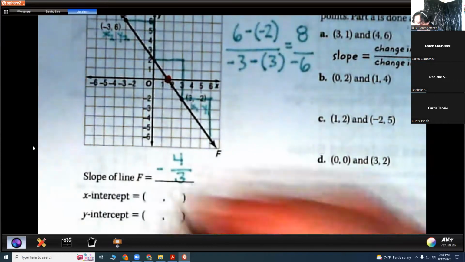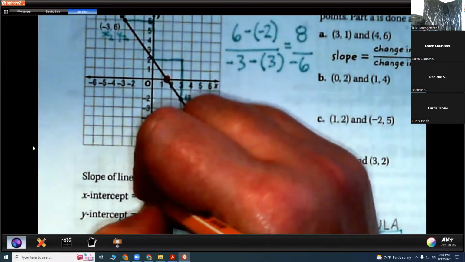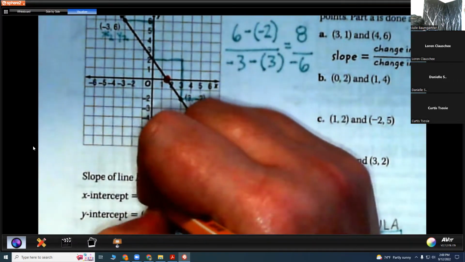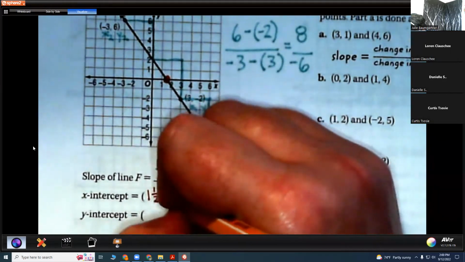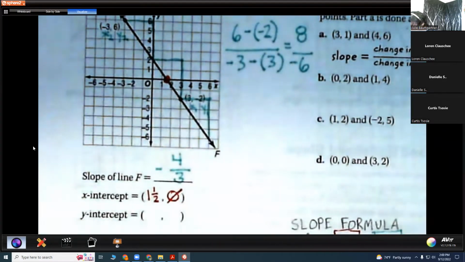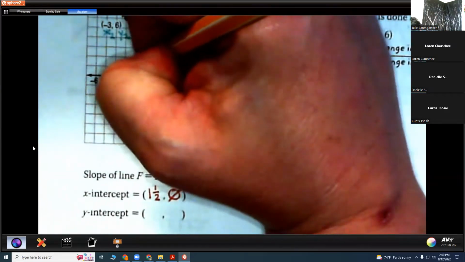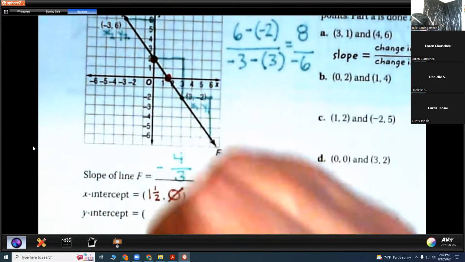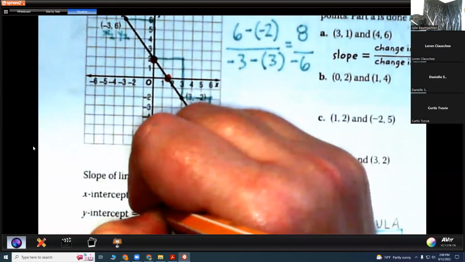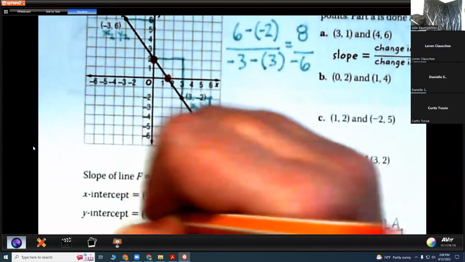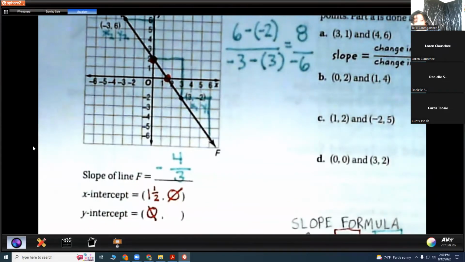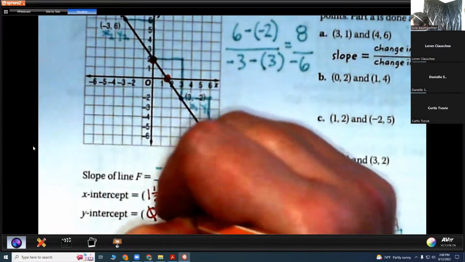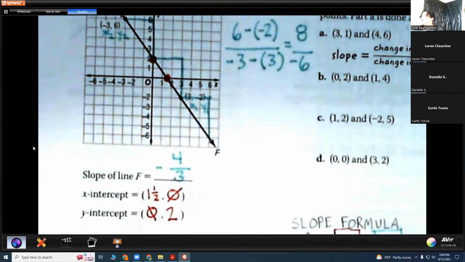So we'd probably say that x equals 1.5, and y still equals 0. And then our y-intercept is up here. What is it? x equals 0. What does y equal? Positive 2. Good.